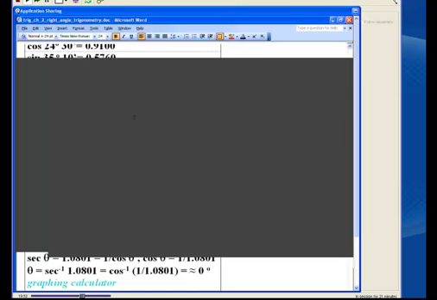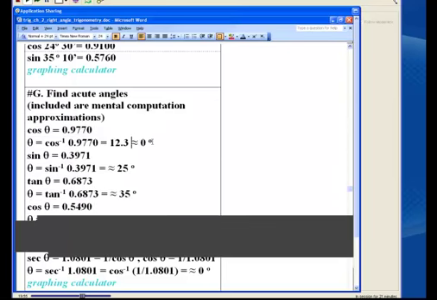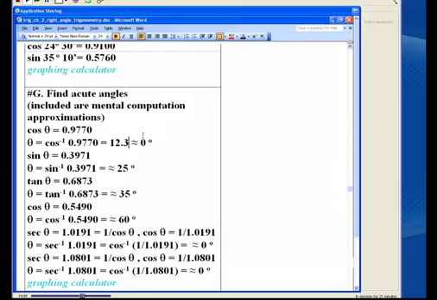So the first one, we have 12.3 degrees. Oh, I think I need the degree sign there. Then we had 23.4 degrees. Of course, here my estimate was really close. Then we had 34.5 degrees, and again I had a really close estimate.